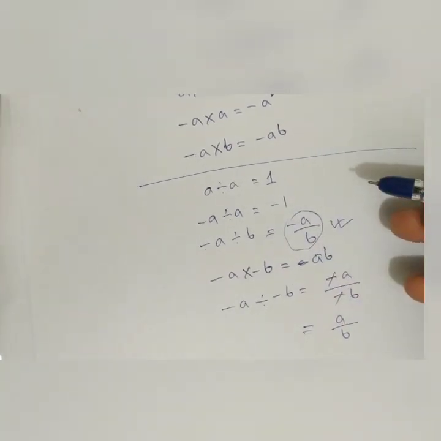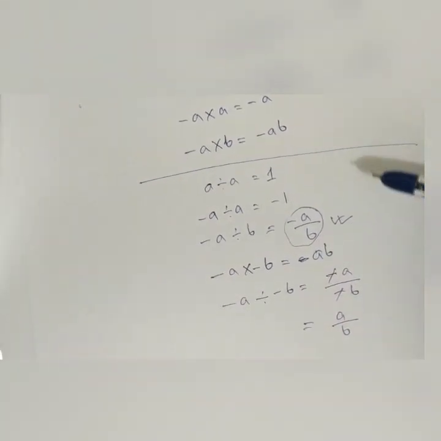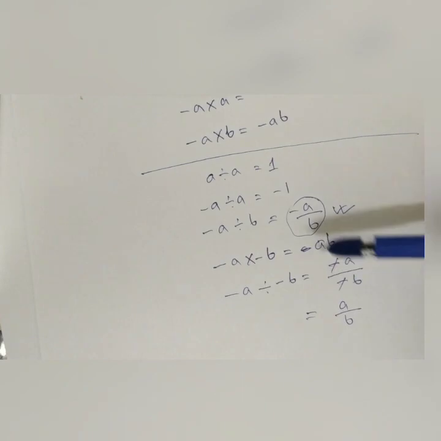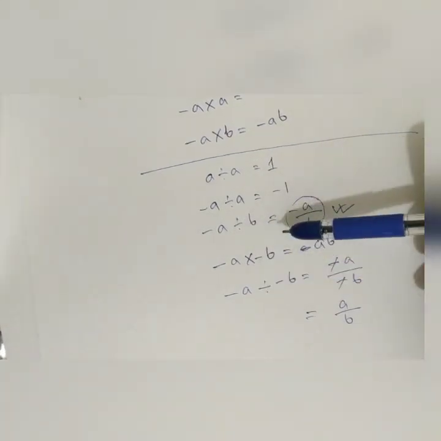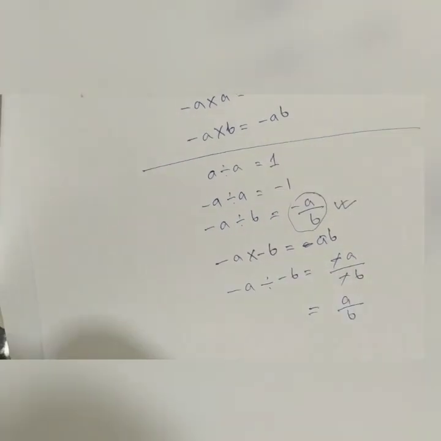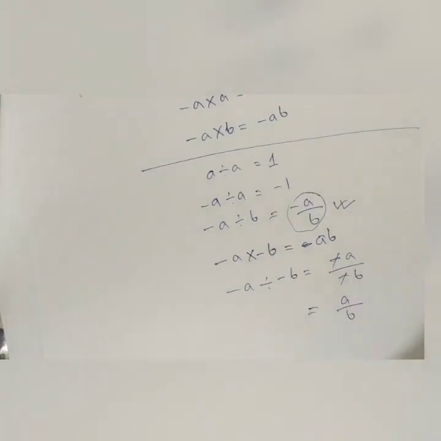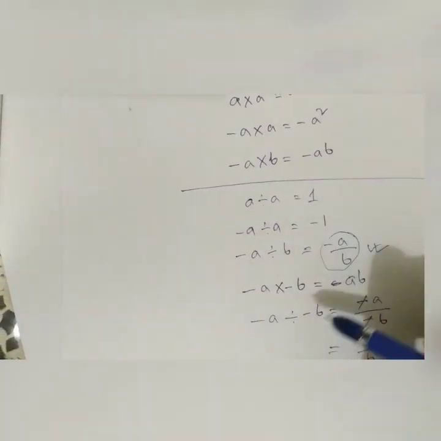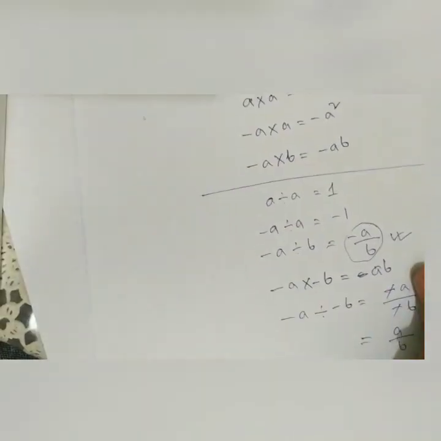Okay, same as in multiplication. If there is an odd number of negative signs, the answer will also have a negative sign. If there is an even number of negative signs, the answer will not have a negative sign. Okay, so same as multiplication. So now we will try and understand by solving problems.